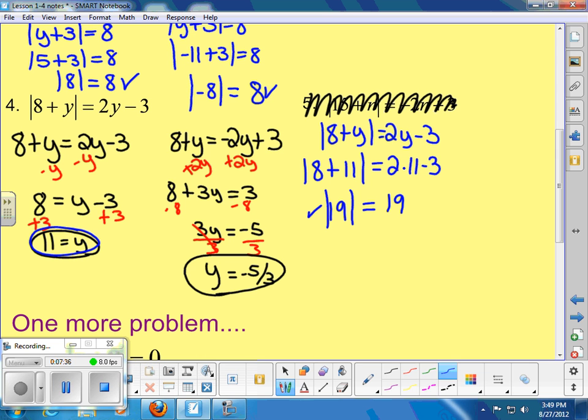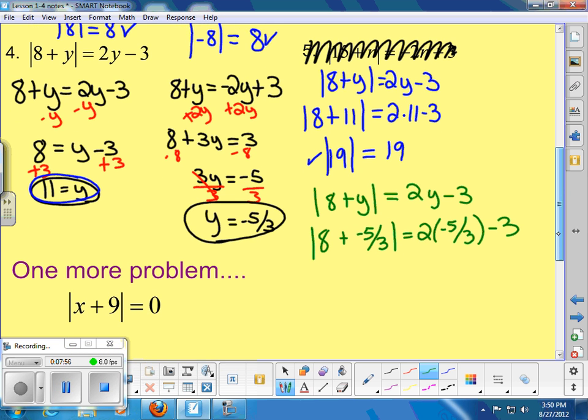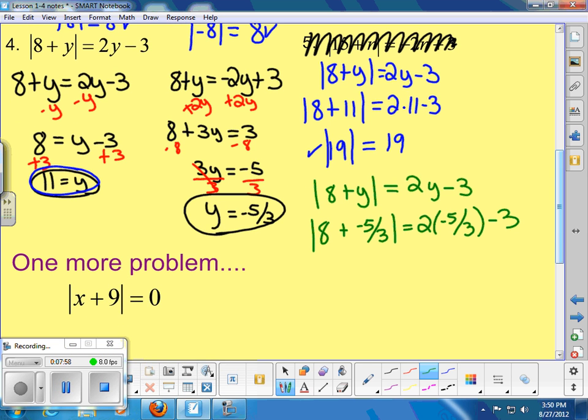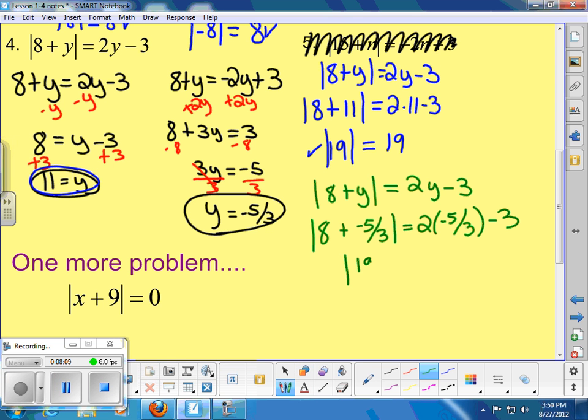And let's check the other answer, the other solution. Again, substituting into the original equation, the absolute value of 8 plus y equals 2y minus 3. This time substituting your negative 5/3. And surprise, surprise, we must know how to work with fractions. 8 plus negative 5/3 is 19/3, positive 19/3.